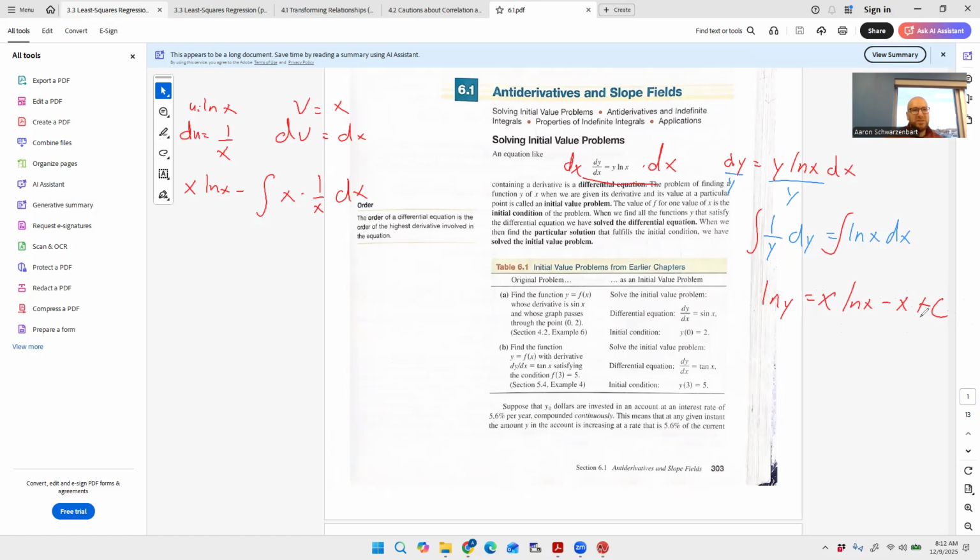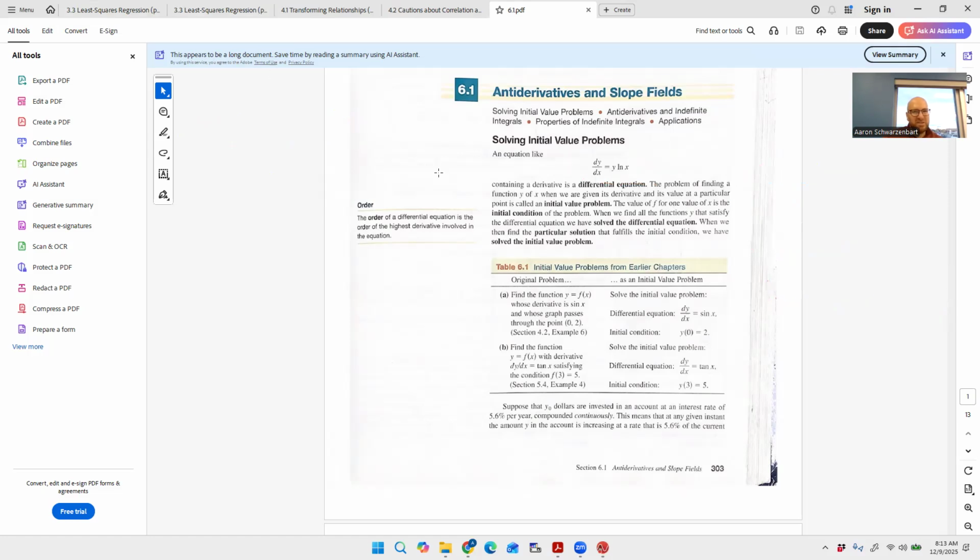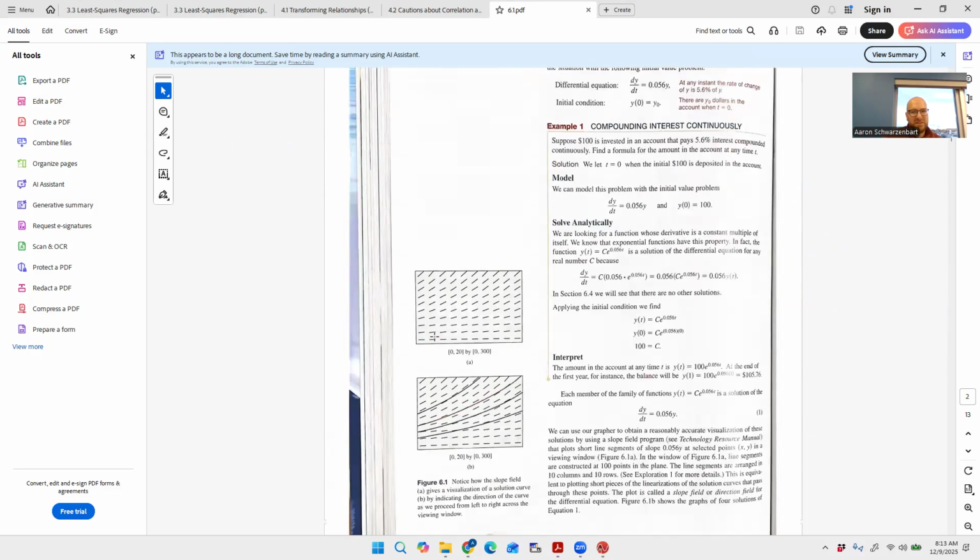So, but first we need to talk about what's called a slope field. And a slope field is generated by a differential equation because dy dx represents a slope, right? And what a slope field essentially is, it's taking every point on the graph, whether each point, this is 0 to 20, so I don't know how many of them they put, but basically every 2 on the x and every, oh, I don't know, 30 on the y.